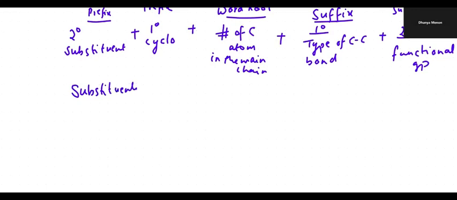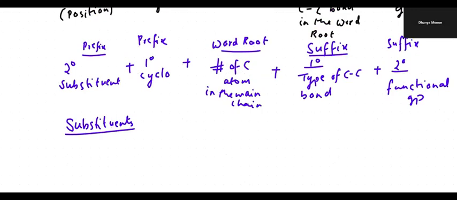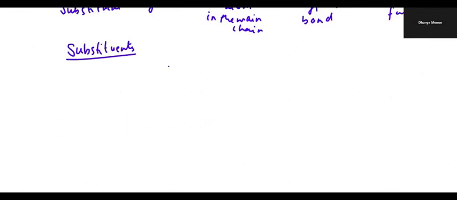Where do we write them? We write them at the beginning, as a prefix. For them, the position is very important. We need to mention the position. Substituents are called branches also. They are not in the main chain.